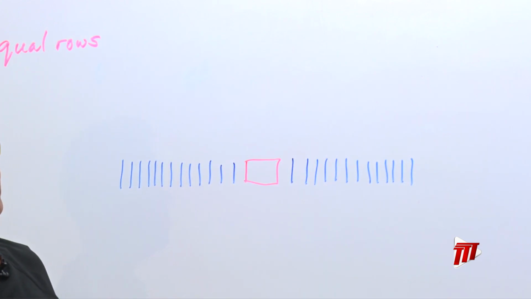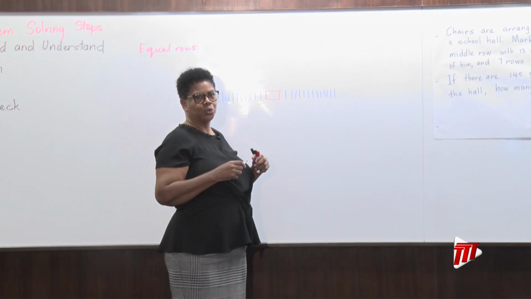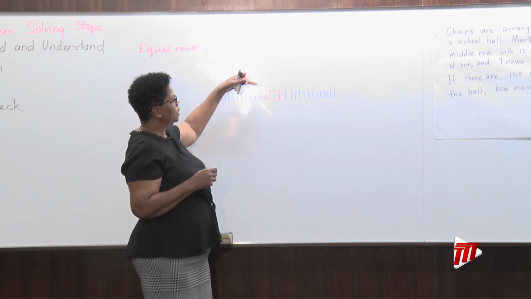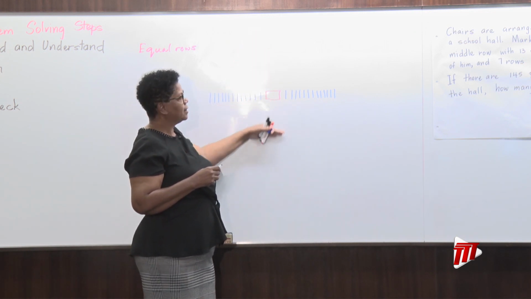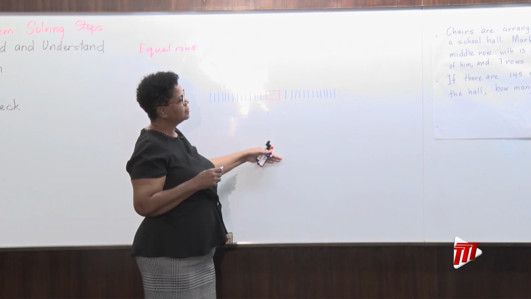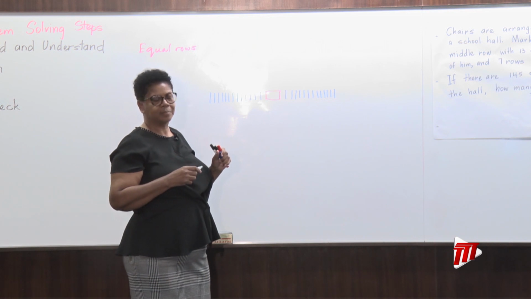The problem also says that he is sitting in the middle row. So that means there are going to be chairs this way and there are going to be chairs that way. And the problem went on to say there are 7 rows in front of him.